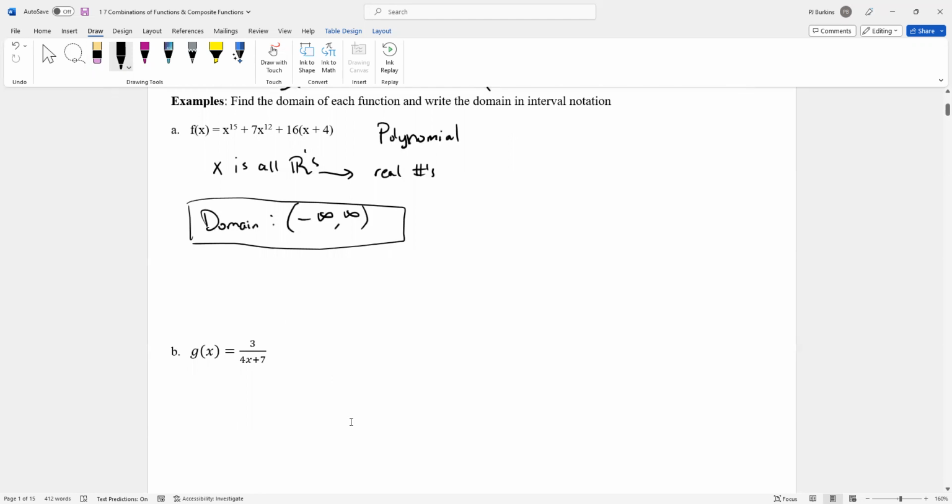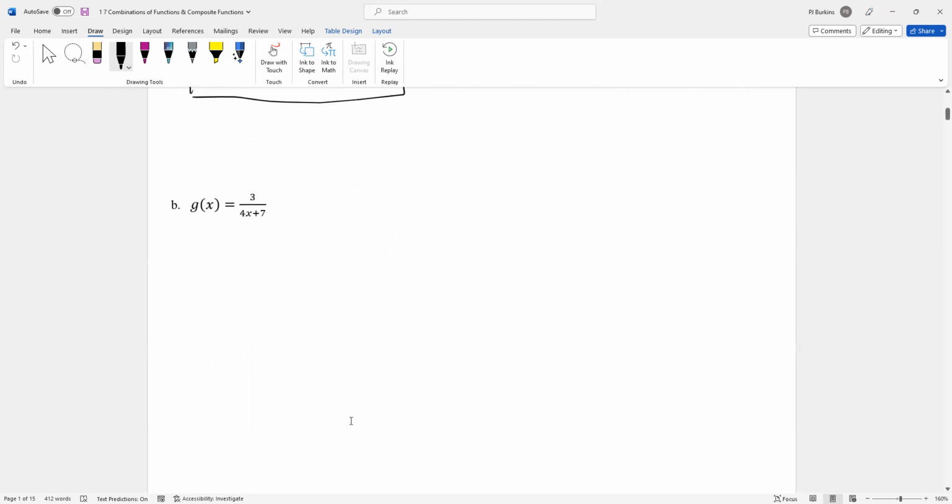Okay, so that's a polynomial that works really nice, and there's not much we really have to do there. This next example is a rational function. It's rational because it's a ratio. And you'll notice that in the denominator we have an x. Well, we are not allowed to divide by 0.